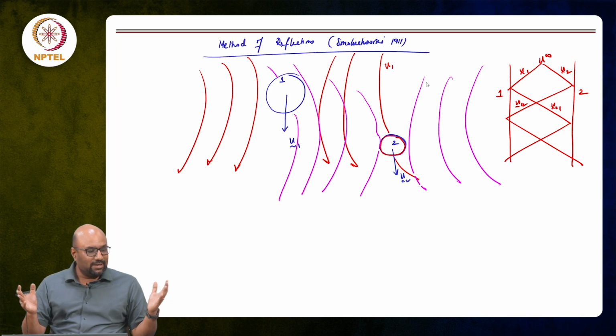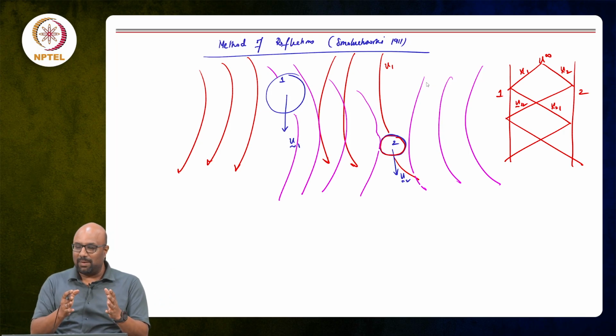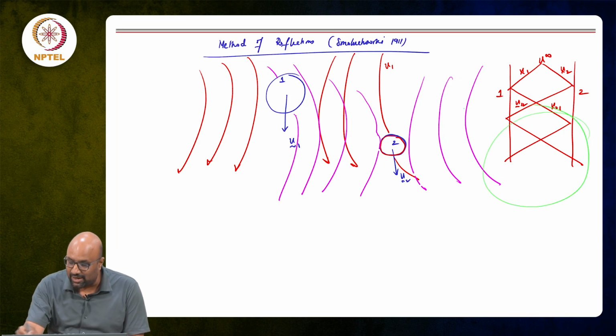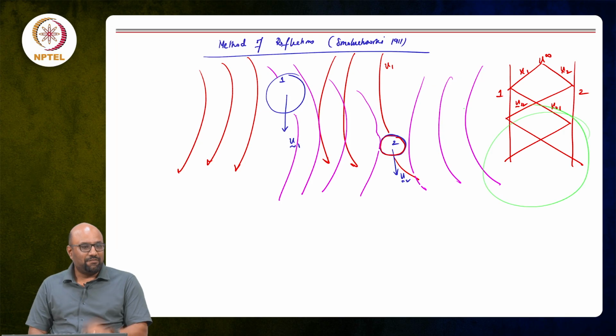When you start bringing the particles to distances comparable to their sizes, then you need to do a lot of these reflections. Finally, it is a question of how many of these calculations you need to do. Today's lecture we are only going to do one reflection, and you will see that one is sufficient to understand a few things.